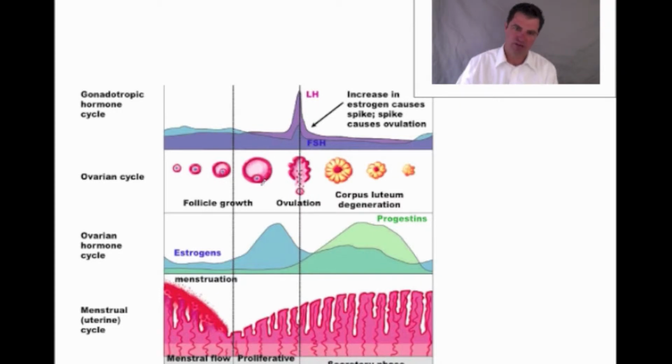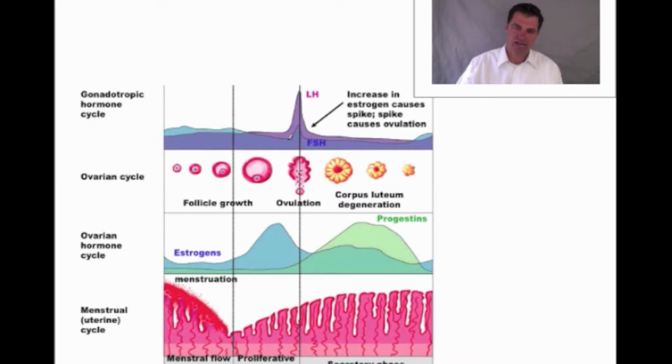As the follicle gets bigger, the estrogen levels and the progesterone levels start to rise. And then those serve as what we call a positive feedback loop. This increase in estrogen, as it rises at first, actually increases the LH and FSH levels.